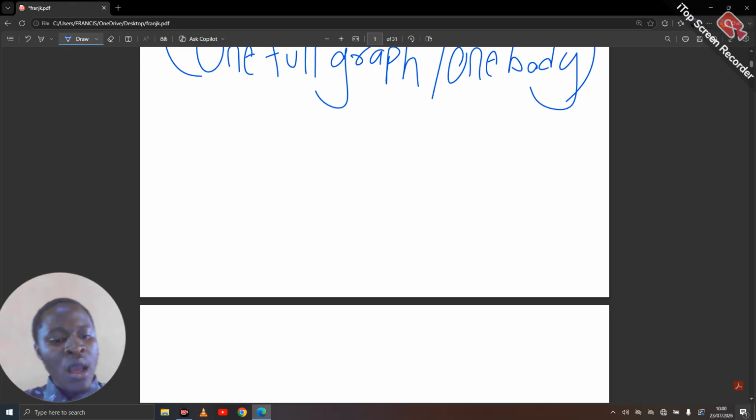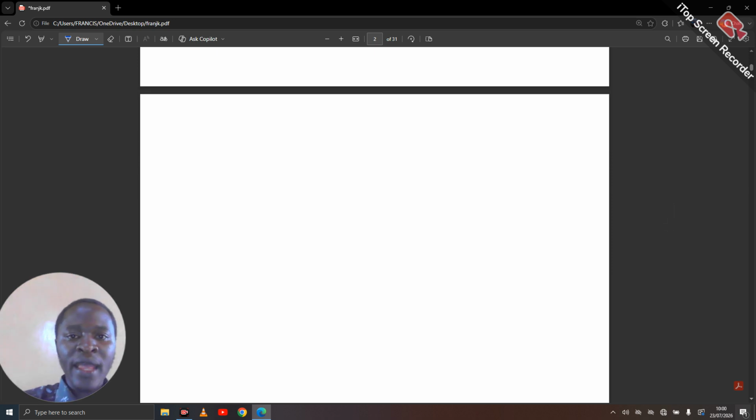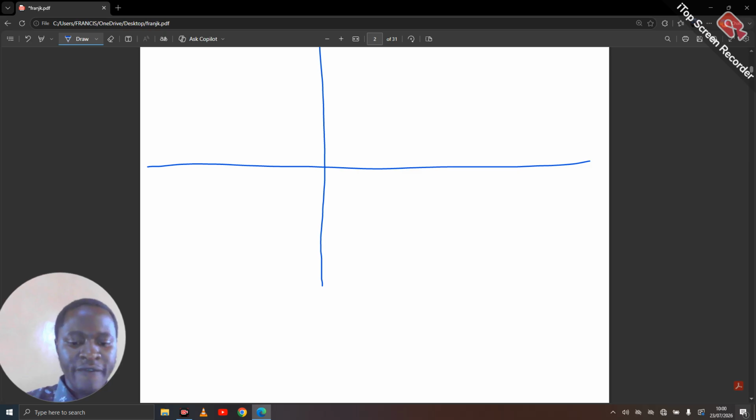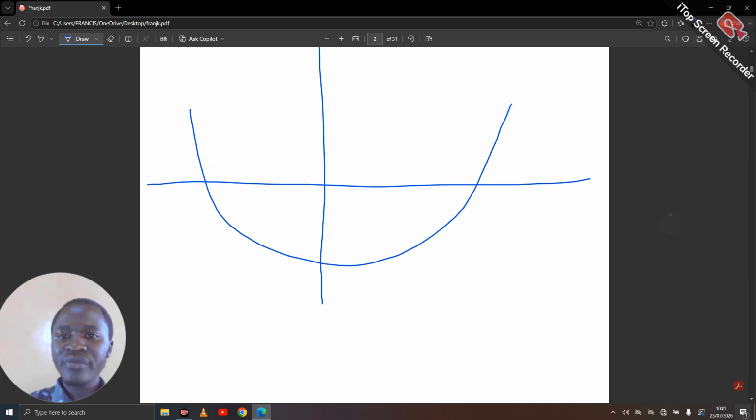For example, calculate the area of the shaded figure below. Then a Cartesian plane is drawn, and the function or the curve is provided something like this.